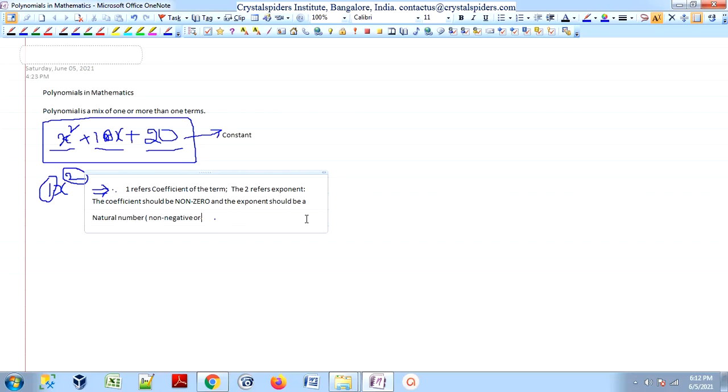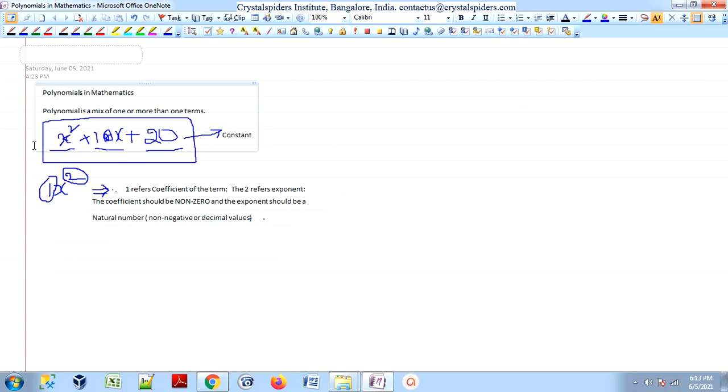So these are the two rules: the coefficient should be non-zero and the exponent should be a natural number.